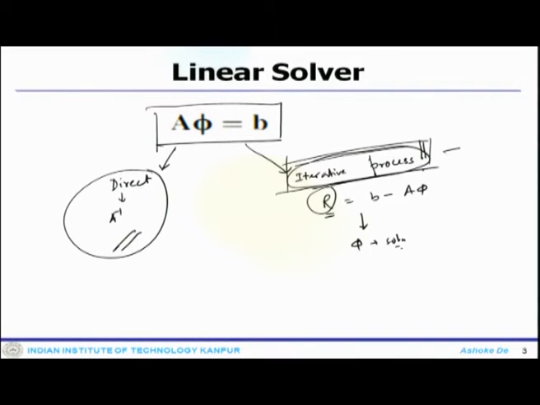So, the important factors which will again be associated are the stability, then convergence, then rate of convergence or rather convergence rate, then approximation or the error. So, these are the things again one needs to consider for looking at the iterative method.